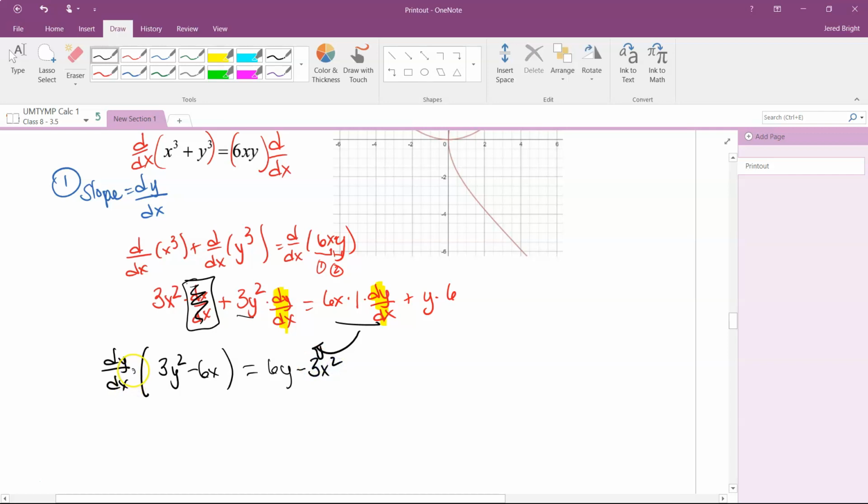We can solve for dy/dx by undoing the multiplication by division. So dy/dx is equal to (6y minus 3x squared) over (3y squared minus 6x). I should say that's a y, not a g.